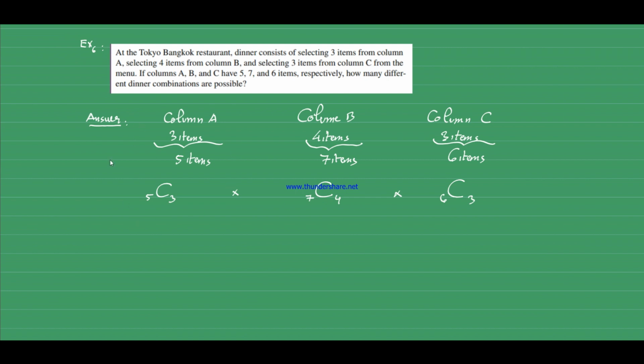We have the number of ways of picking from column A, the number of ways to pick from column B, and the number of ways to pick from column C. If you multiply them up, then we have the total number of methods to pick from columns A, B, and C. In examples 5 and 6, we applied the combination concept, and at the end, in order to get the final answer, we have to use the counting principle a little bit.